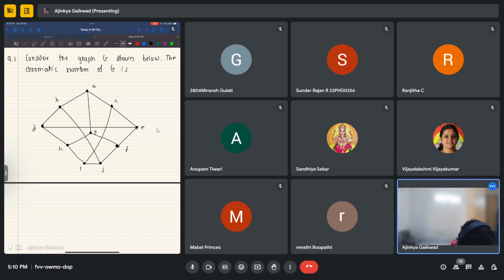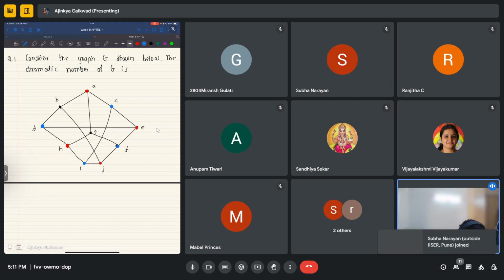Okay, so let's start by coloring the cycle, the surrounding cycle. Let's say I color this one red, and then I'll go alternate. So red, blue, red, blue, then again red, then blue, red, blue.